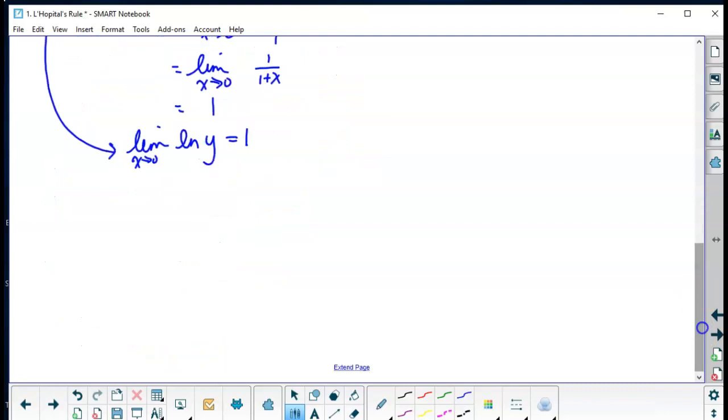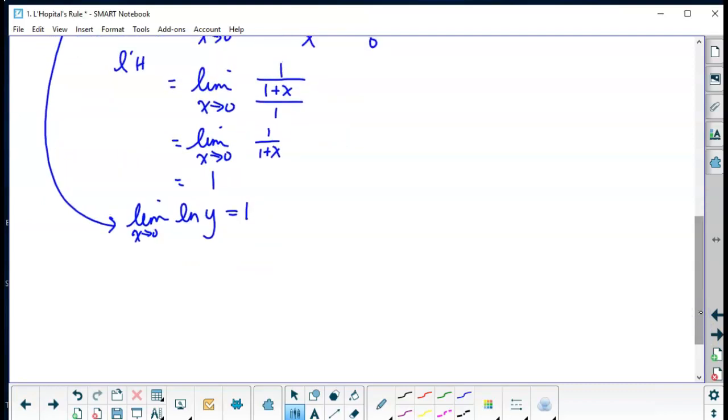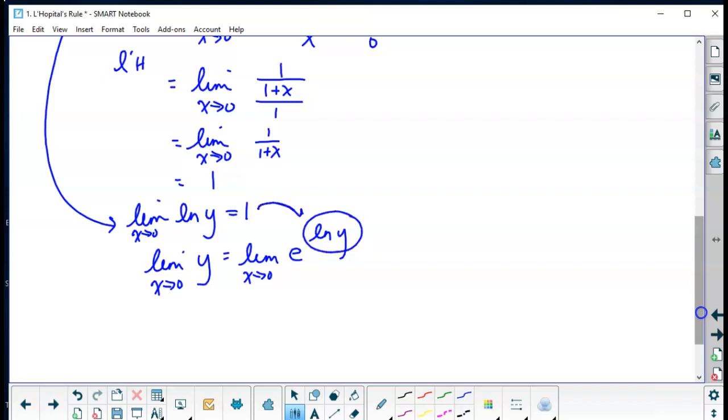Then step back from there, that means the limit of y equals the limit of e to the ln y. That's just, I've copied that down from above. Okay, so now we're looking at this. Basically, this goes in here. So this is going to be e to the 1, which is e. Okay, so a few steps. You might want to pause the video, go back, and redo it.